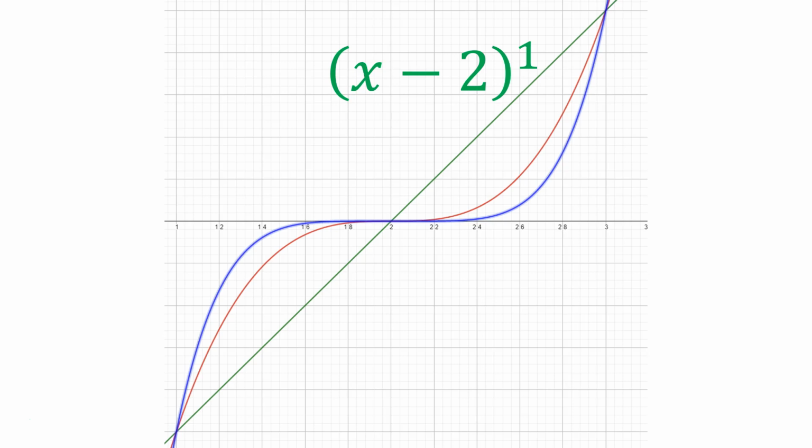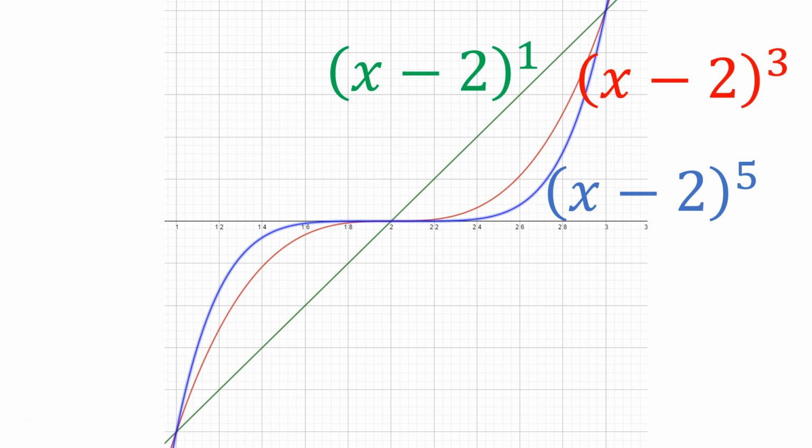Let's exaggerate. Let's take a look at this one. So x minus 2 to the first is present as the green line. X minus 2 cubed is present as the red curve. And then x minus 2 to the fifth is present as the bluish curve, so to speak. And now let's see. That first green arrow represents the output of plugging a value into x minus 2 to the first. The next one, that's the output you get when you plug a value of x into x minus 2 cubed.